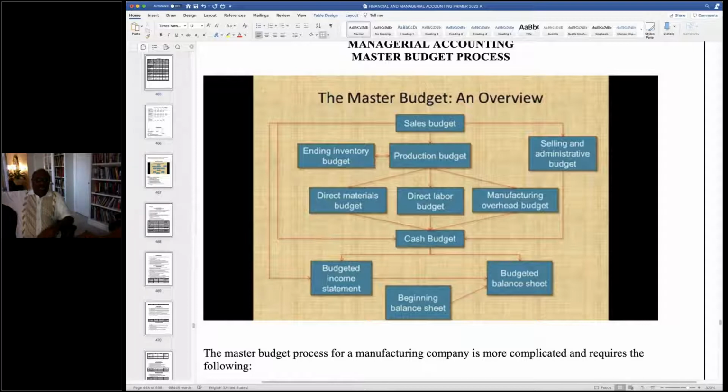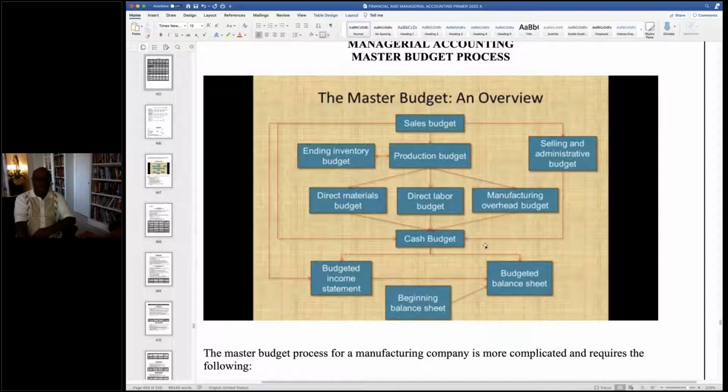When you make something, you have a sales budget, a selling and administrative budget, production budget, inventory budget, direct materials budget, direct labor budget, manufacturing overhead budget, the cash budget we just did, and then a budgeted balance sheet and budgeted income statement. So that's what we prepare in the master budget process.